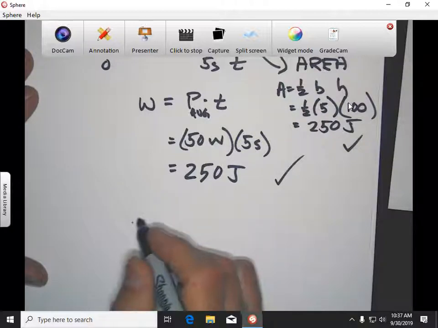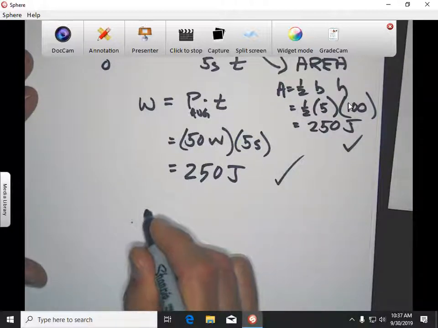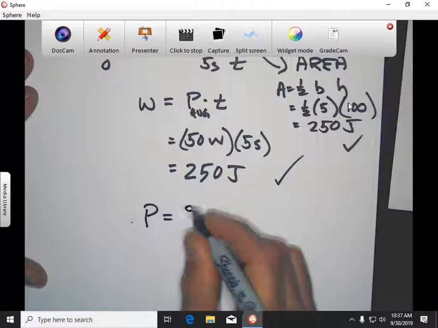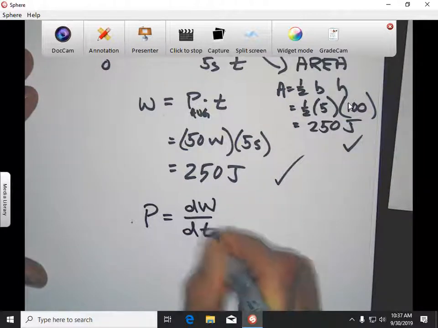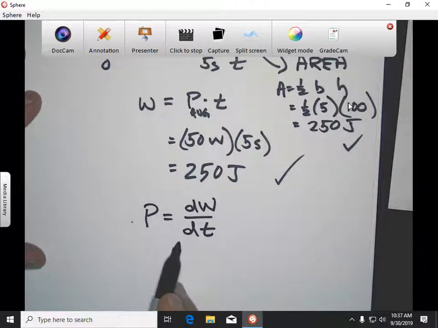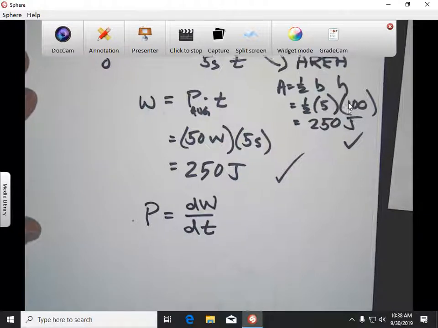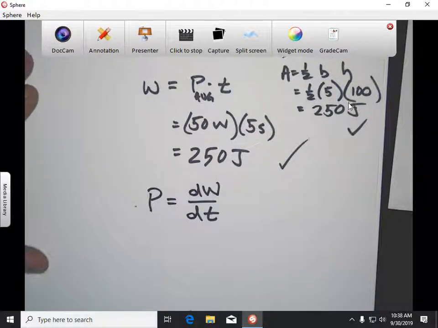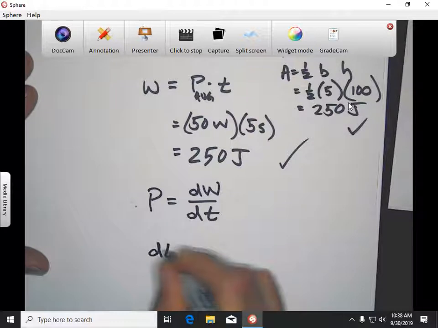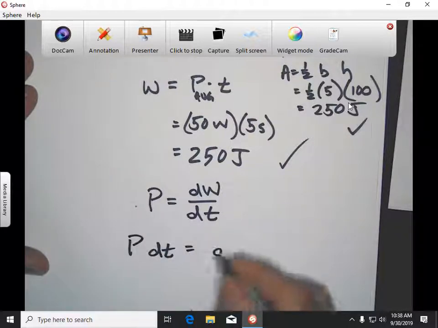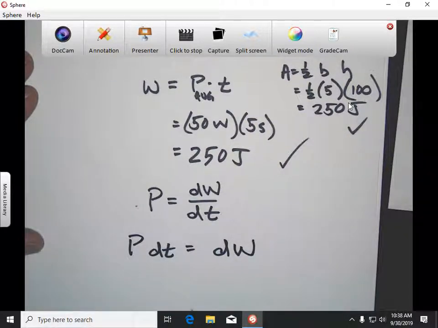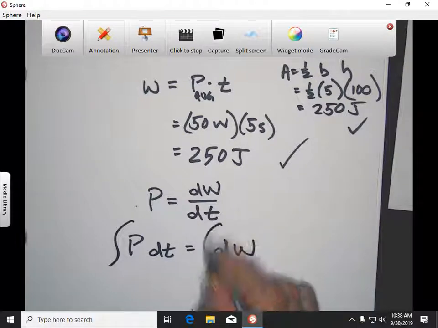From a calculus point of view, what we're saying is that power can be written as a derivative, right? Instead of saying power is work over time, you can replace work and time with dW and dt, okay? And then you can multiply through by dt and integrate both sides.